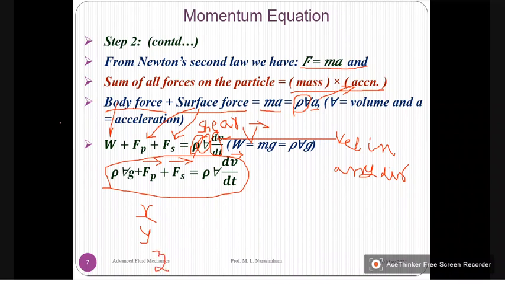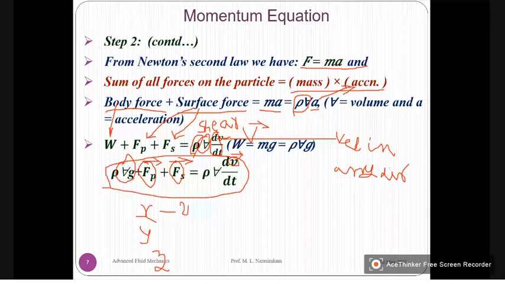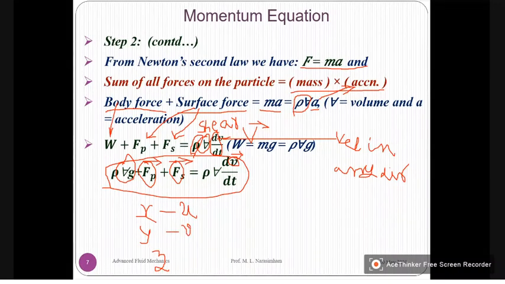When we are considering the x direction, we will consider the forces acting in the x direction on all the surfaces, due to this as well as this. And here we will write small u. And here we will write small v, which represents the velocity in the y direction. And here we will write small w, which represents the velocity in the z direction.